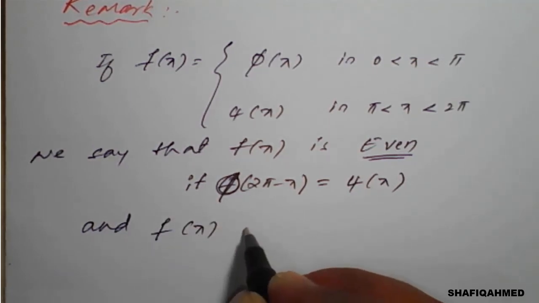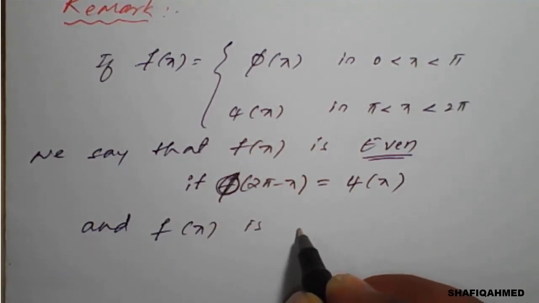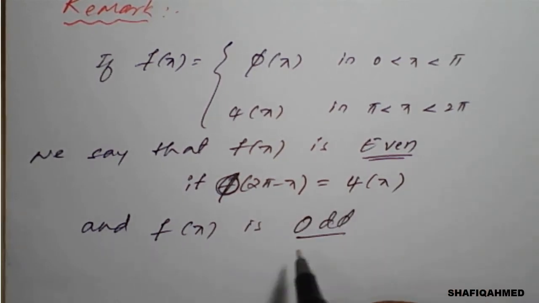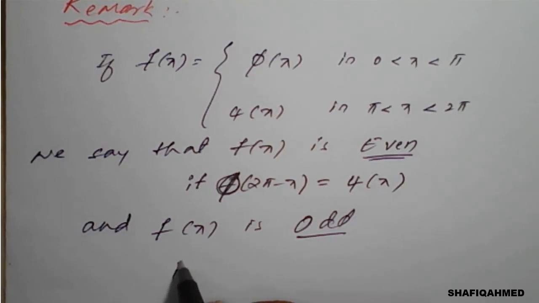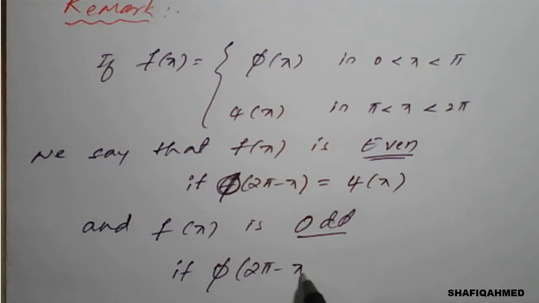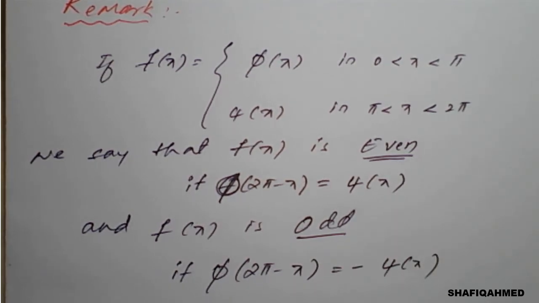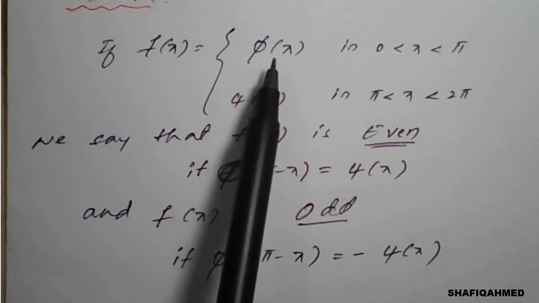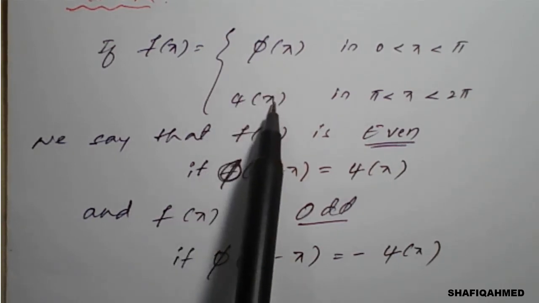f of x is odd if phi of 2 pi minus x turns to minus psi of x. So we need to check. We have two functions, phi of x and psi of x.